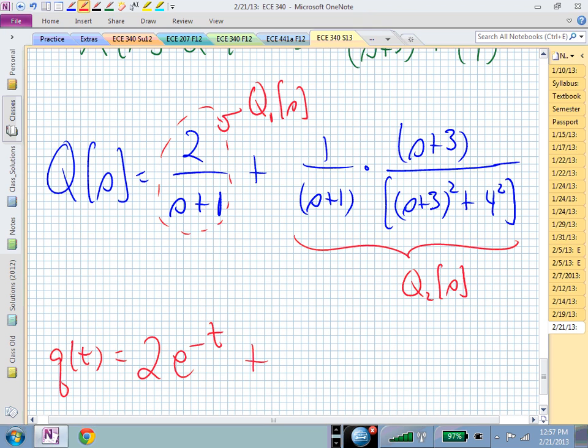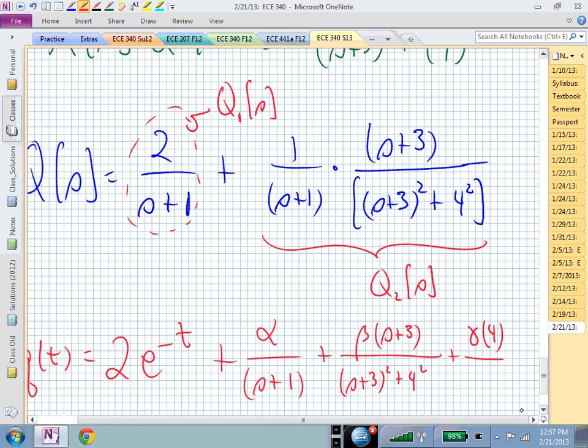These poles are at minus 3 plus and minus J4, which now says that we could write this as some structure, alpha over S plus 1, plus, let's say, the cosine piece and the sine piece. And there we have the coefficient times the omega sub d, the oscillatory damping.